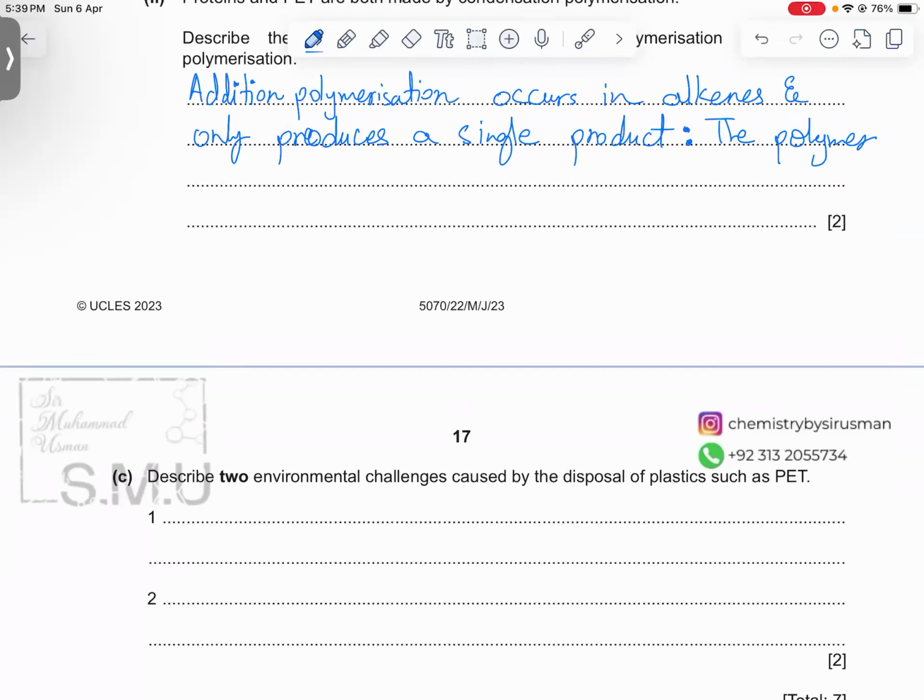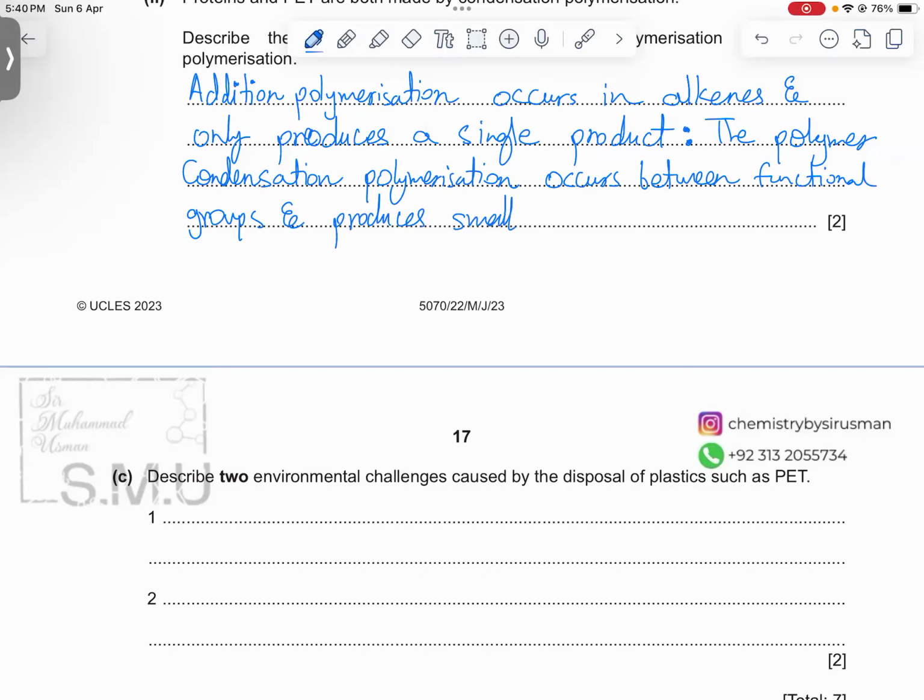the condensation polymerization that you have, it occurs between functional groups and produces a polymer and many small molecules such as water, H2O, right?